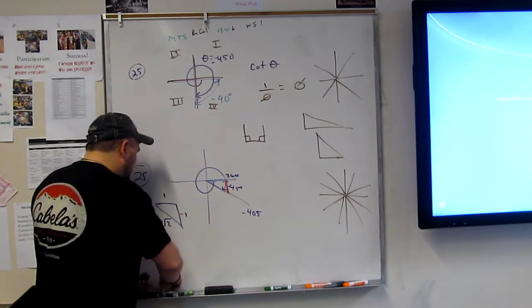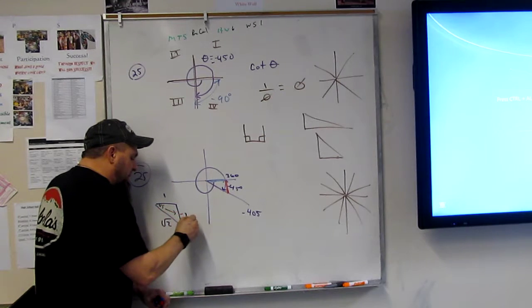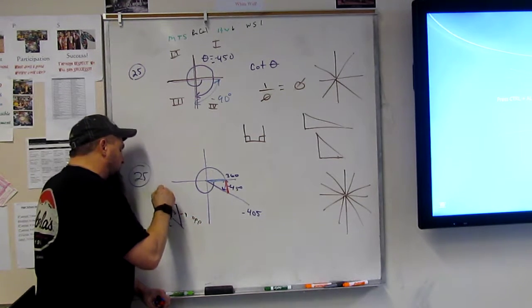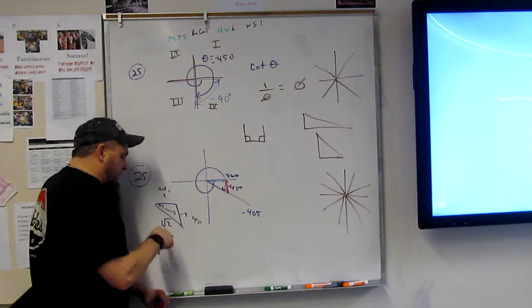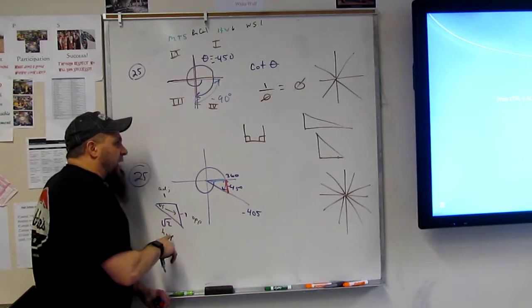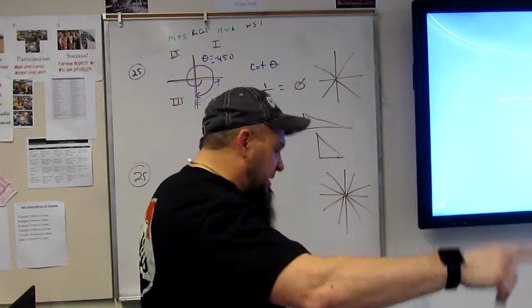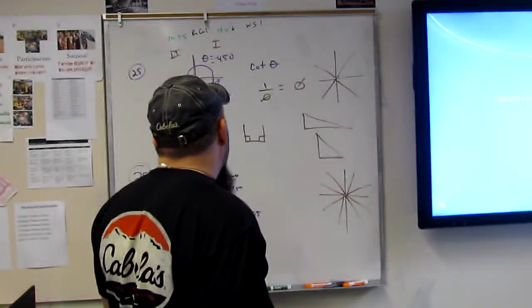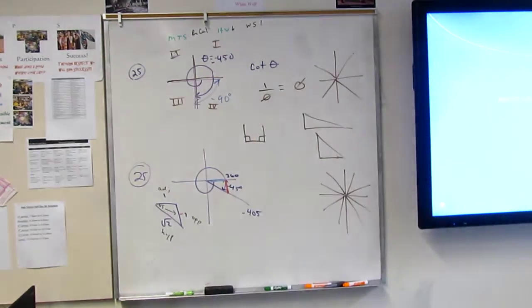So now we have a 45 here. This is going to be my opposite. This is going to be my adjacent. This is going to be my hypotenuse. And the one where, well, what does it say on yours? Does it say tangent? What does it say on yours? 25.